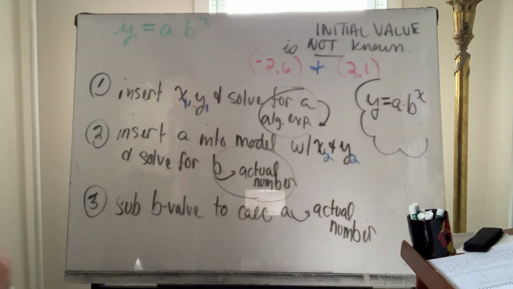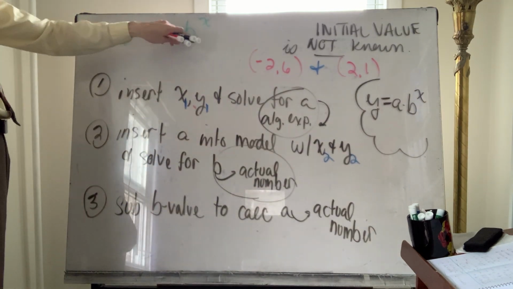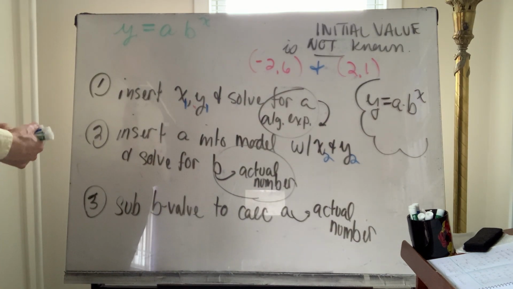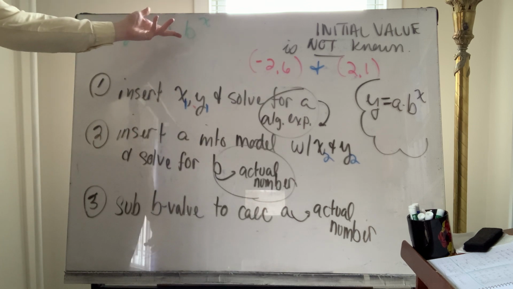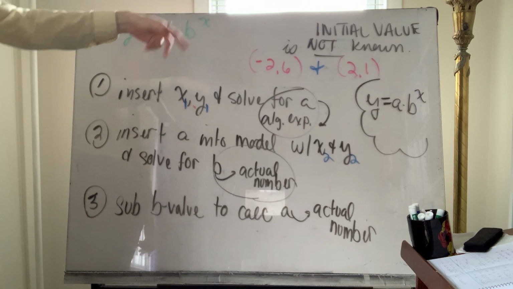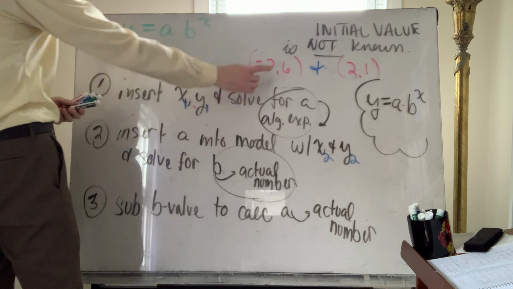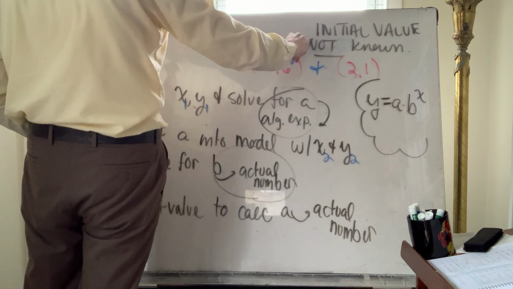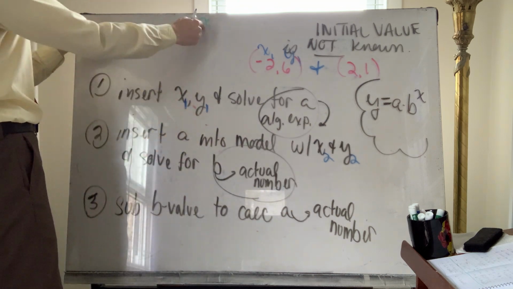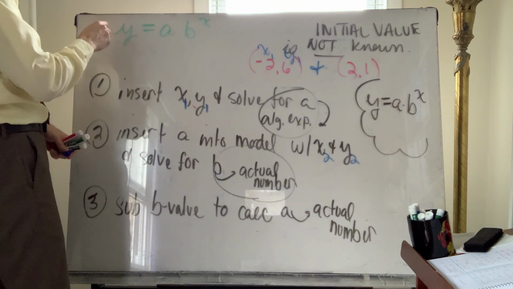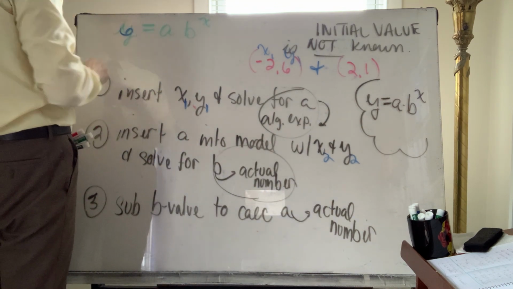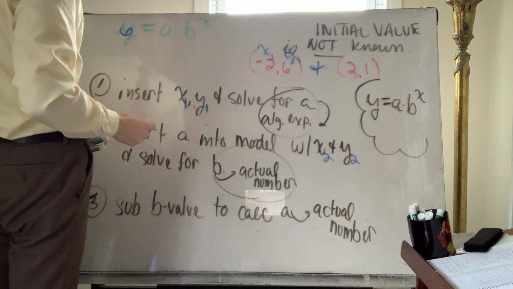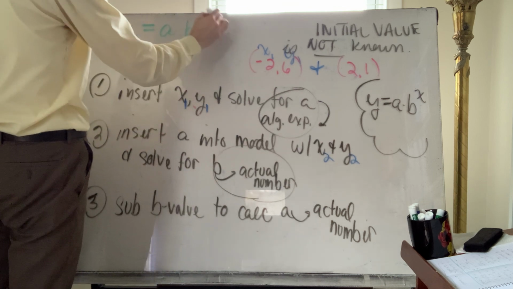There you go. Okay, here's our model, y equals a times b to the x. Again, we'll be looking for a, the starting point, because we don't have that initial value. So we'll take the little that we have. I'm going to call this one, just because it shows up first, x1 and y1, and put them here and here. So 6 on the y side, and -2 here.